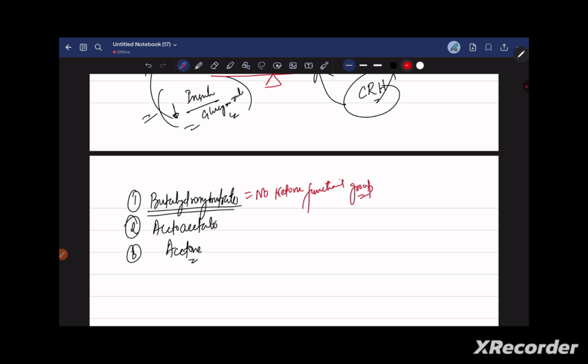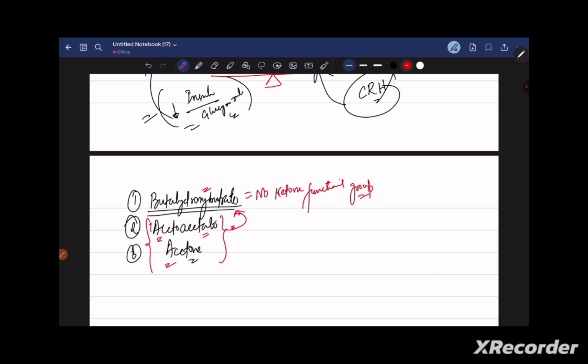When you are going to diagnose these ketone bodies in the urine, you mainly use the nitroprusside strips. You mainly determine these two, because these two contain the ketone groups. You don't estimate the beta hydroxybutyrate, rather you estimate the acetoacetate, since beta hydroxybutyrate is the metabolic product of acetoacetate.